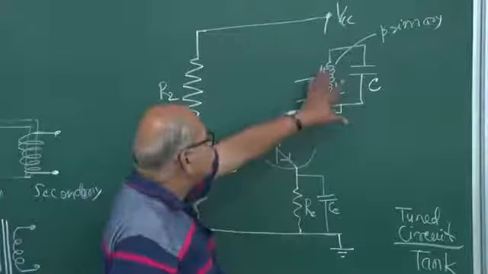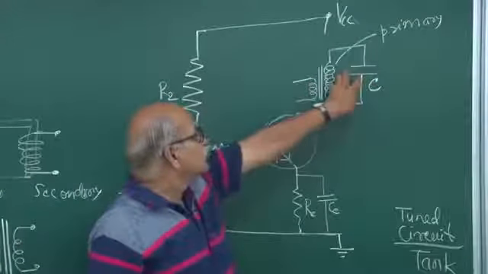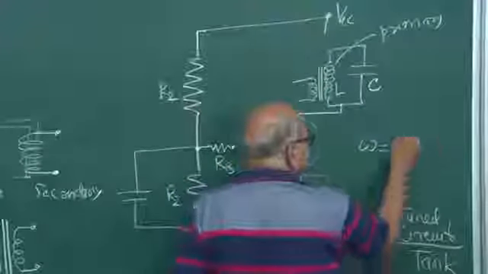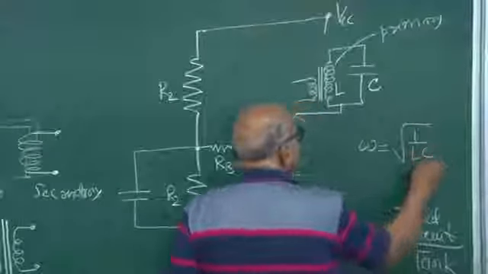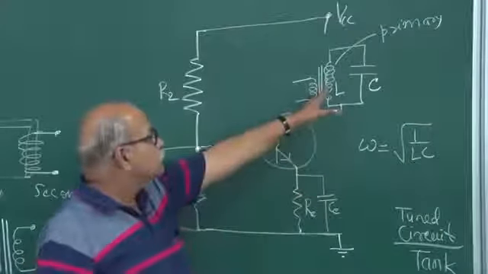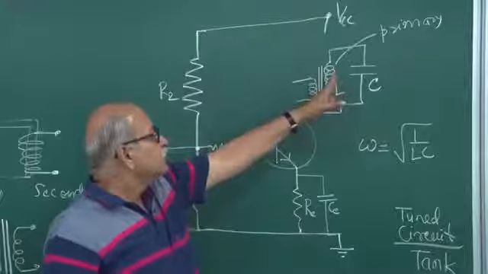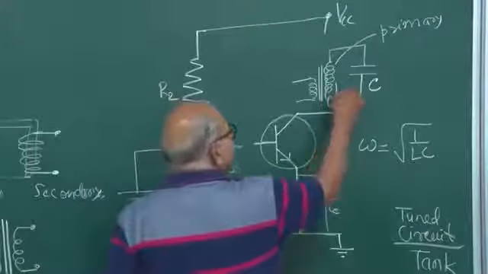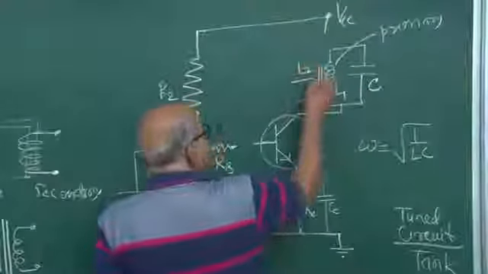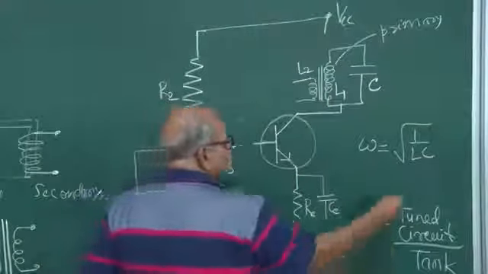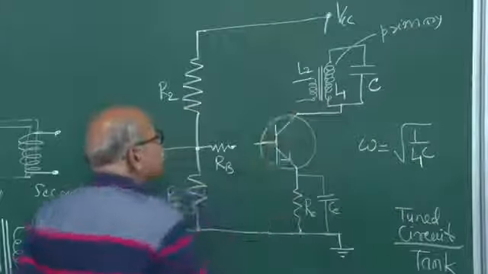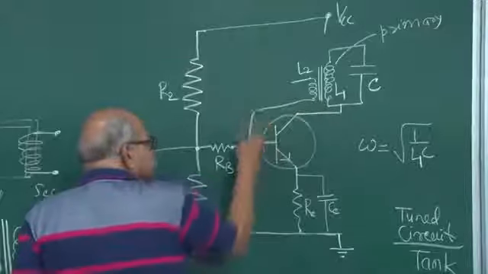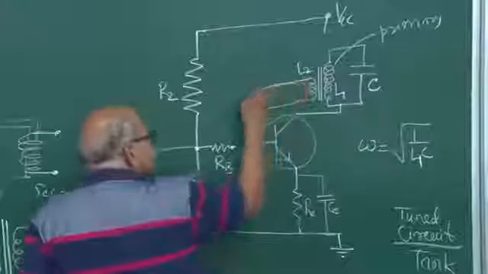So the tuned circuit is there. This is the tuned circuit. It will oscillate at a particular frequency, resonance at this particular frequency, and whatever voltage is generated is coupled to this second coil. If you call this L1, this is L2, so it is coupled to this secondary, and this we are bringing back here.